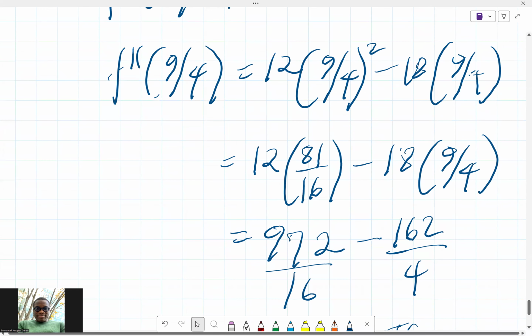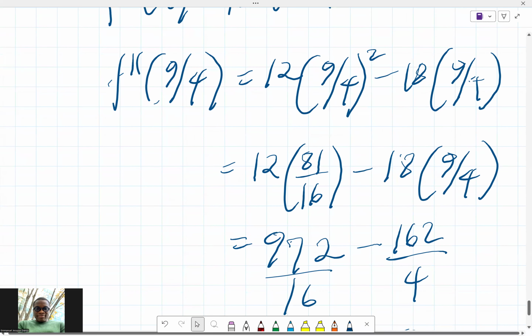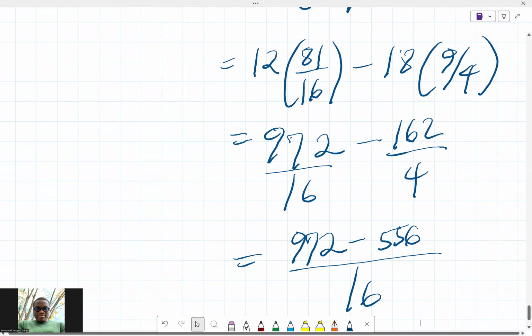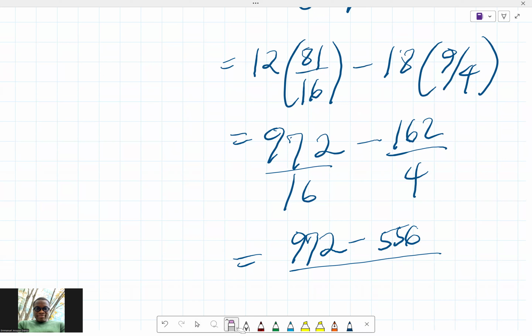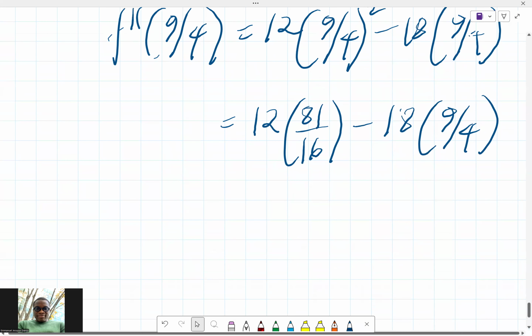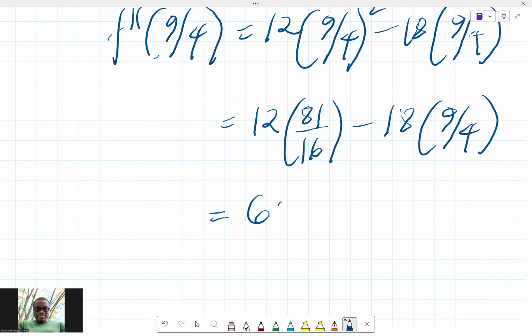So it's 1 over 16, right? Okay, I guess let me just write down the answer and move on because of time. So you want to confirm all of this. So from what we have got, this is 60.75 minus 40.5.